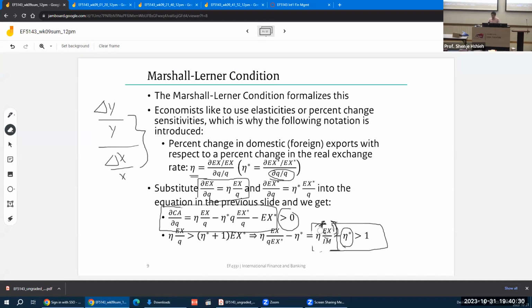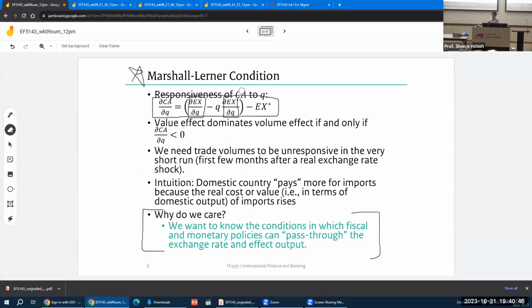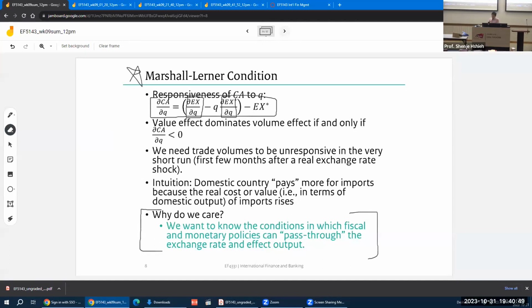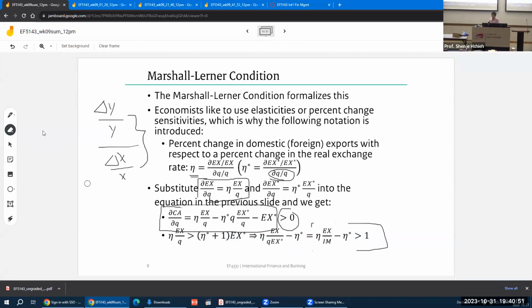So maybe let's say that again. Why are we working with elasticities? Because economists like these parameters. It's fine. Once we replace everything in the sensitivity of the current account with respect to Q equation with elasticities, we ultimately get an expression that looks like this equation. Then setting it greater than or equal to 0 states that there is pass-through from changing exchange rates on output. Okay.